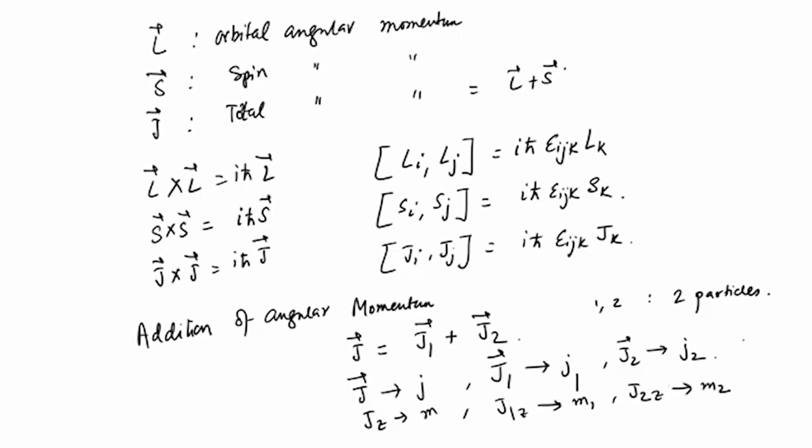So, these are the notations that we have, and we will see what these Clebsch-Gordan coefficients mean in the context of the addition of angular momentum.